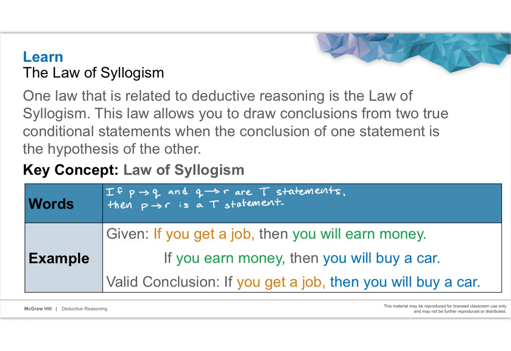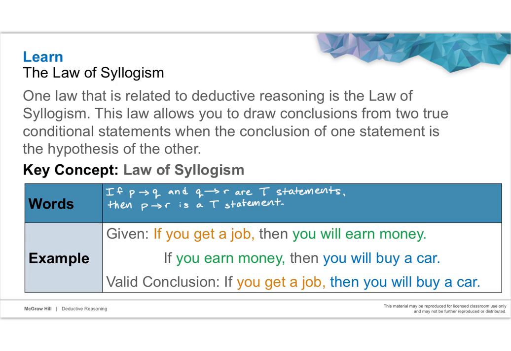Here we have an example that hopefully will give you that connecting tissue in words a little bit better. Given: if you get a job, then you will earn money. And if you earn money, then you will buy a car. The valid conclusion is: if you get a job, then you will buy a car.